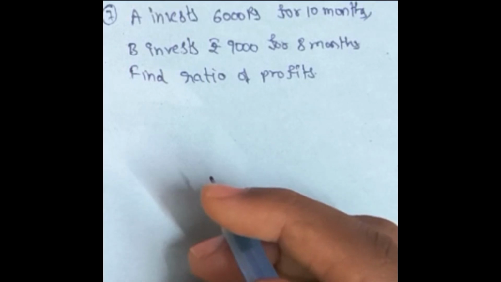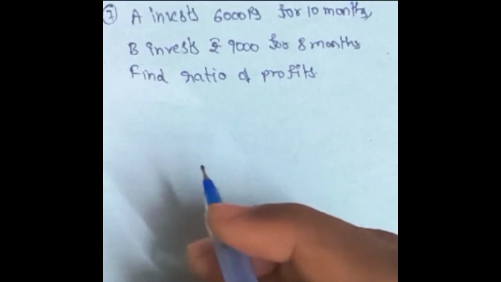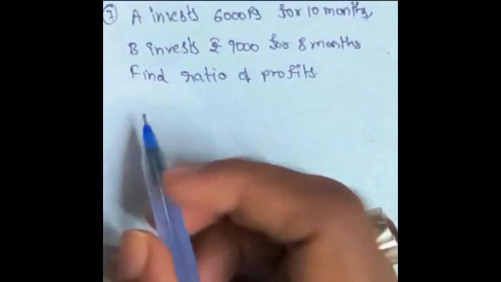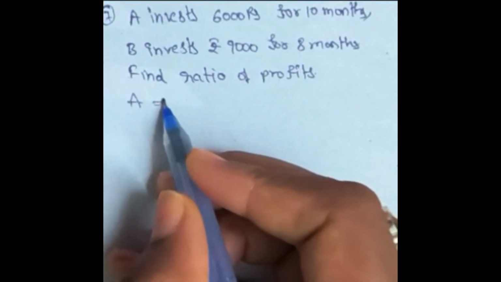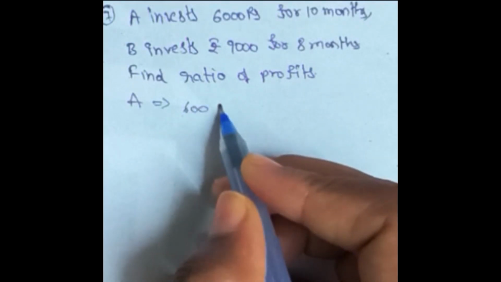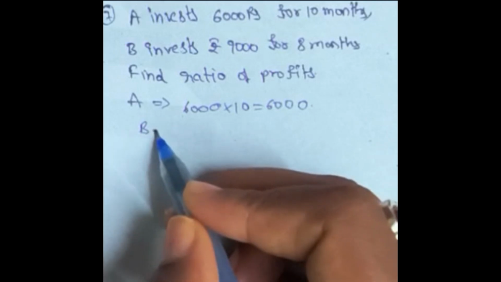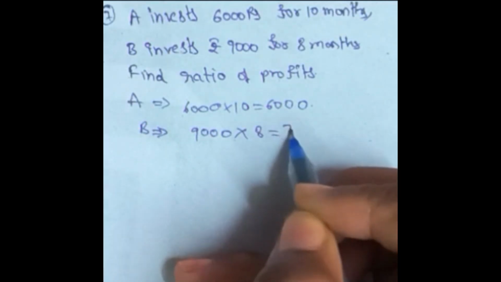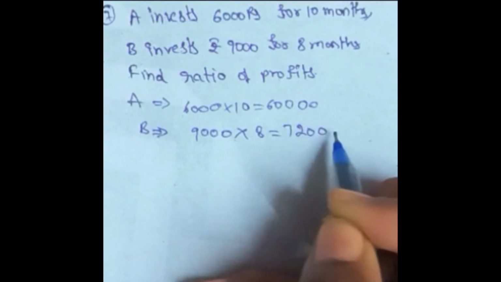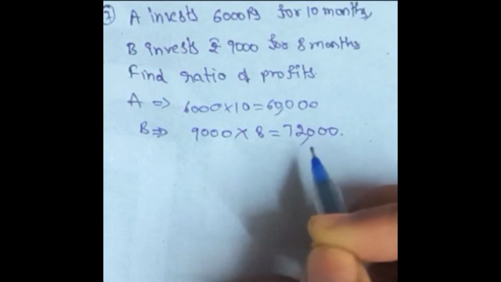Seventh model is partnership profit sharing. Here, in such cases, profit is shared in the ratio of the product of investment into time. So now for A, we are doing the profit. A is equal to 6,000 into 10, that is equal to 60,000, and B's share is equal to 9,000 into 8, which is 72,000.